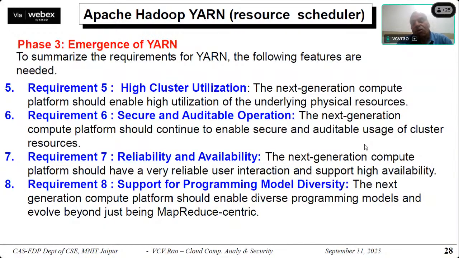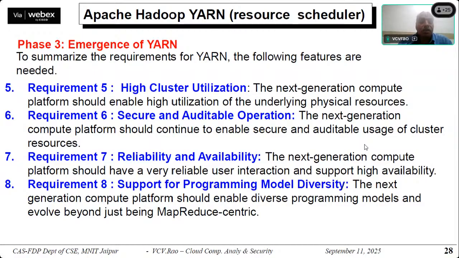When it comes to cloud computing in today's era, we talk about data processing, security, authentication, authorization, and we also talk about availability and reliability of the systems because we have complete heterogeneous programming. So this is how Yarn works.